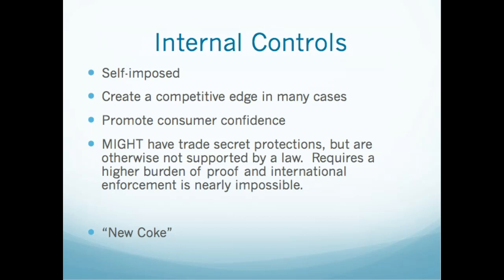New Coke. Most of you are probably too young to remember New Coke, but Coca-Cola had the same formula for 100-plus years. And back in the mid-1980s or so, they came out and they said, New Coke. Everything's going to be New Coke. And they brought out this new product with a different taste, and the public soundly rejected it. And when they decided to do away with New Coke and go back to their original formula, there were a lot of tests of whether or not that original formula was protected as a trade secret.